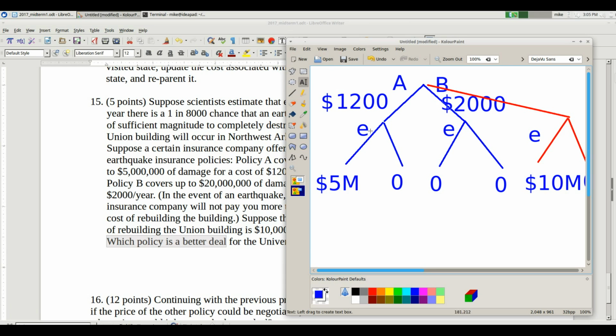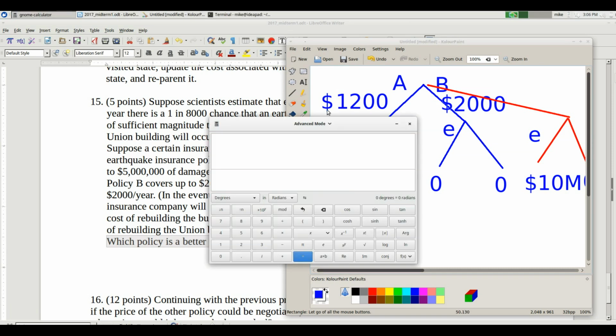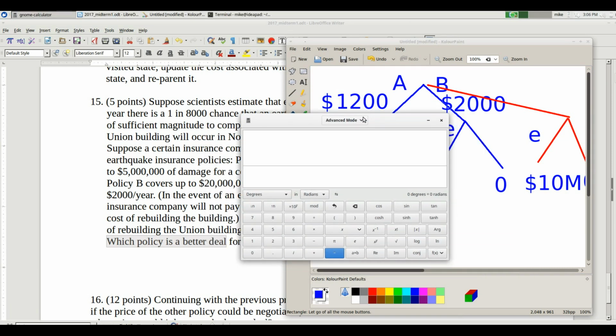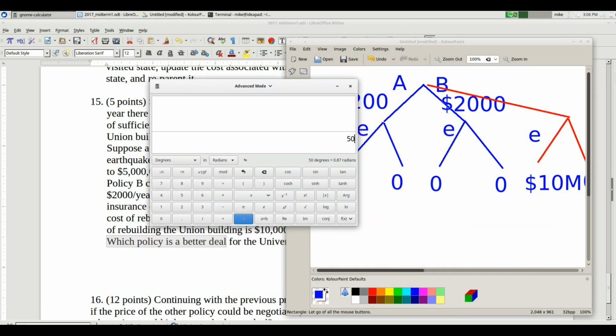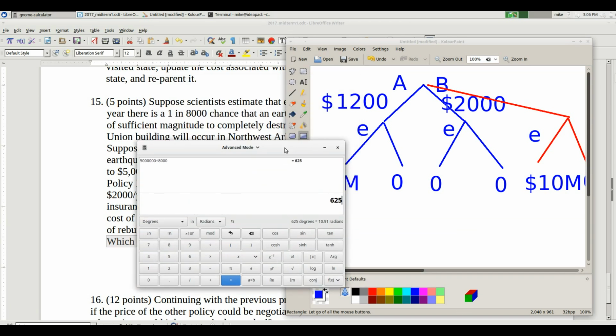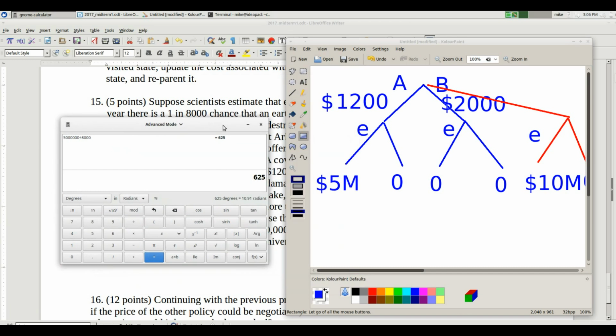Okay, what is the expected utility of there being an earthquake in this universe, the one where we bought policy A? It's going to be the probability of an earthquake, which was 1 out of 8,000, times 5 million. So 1, 2, 3, 4, 5, 6 divided by 8,000 is $625 worth of utility.